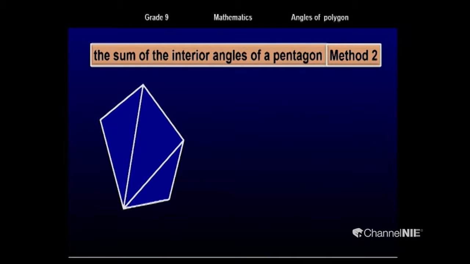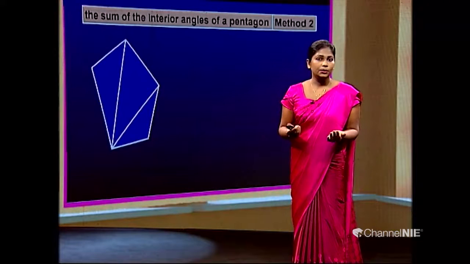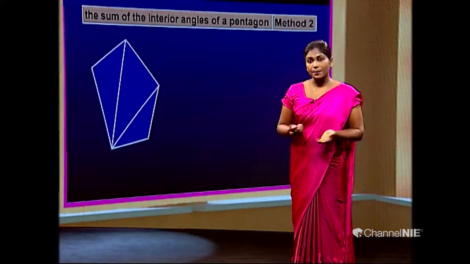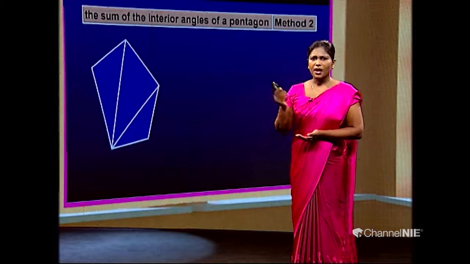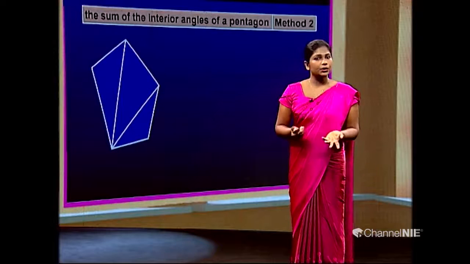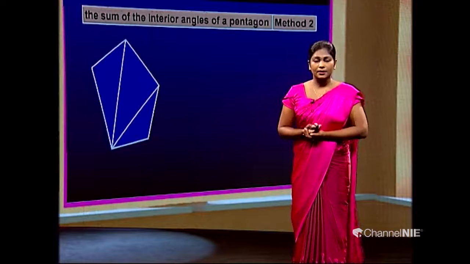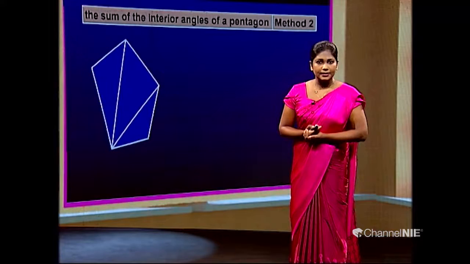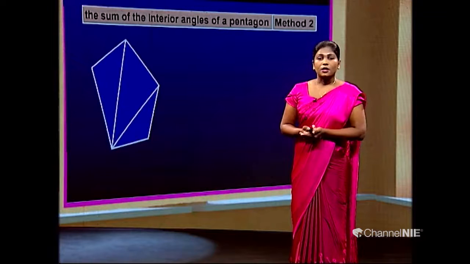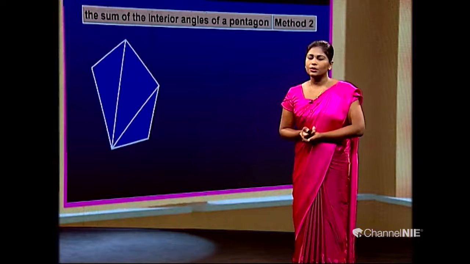Now there are 3 triangles here. But the number of sides is 5 because this is a pentagon, and here the number of triangles is 3. So what is the relationship between the number of sides and the number of triangles? Yes, 5 minus 2 is equal to 3.